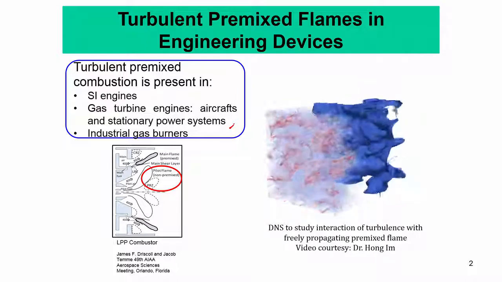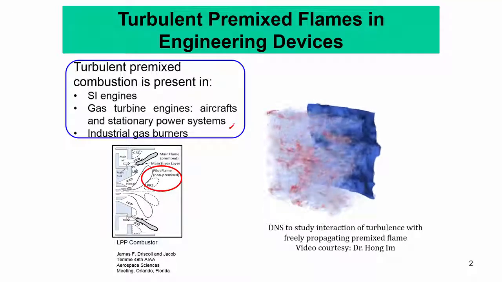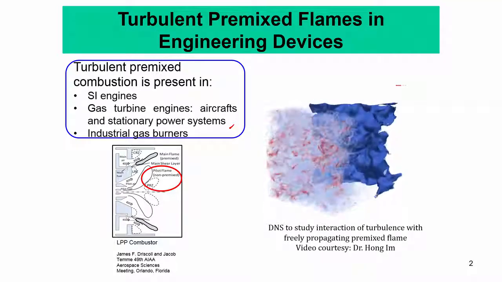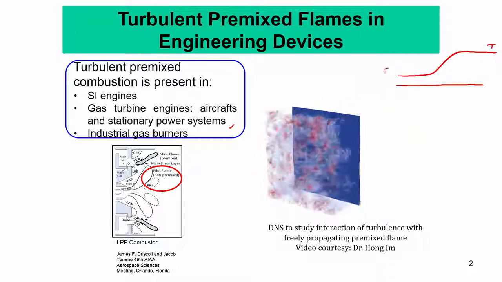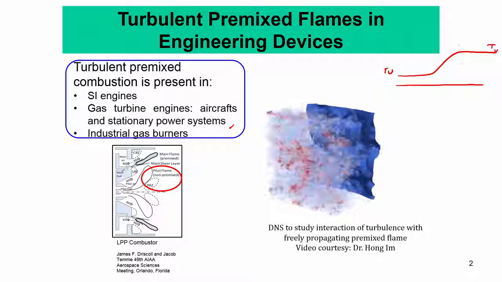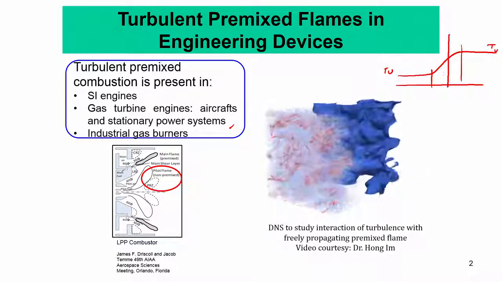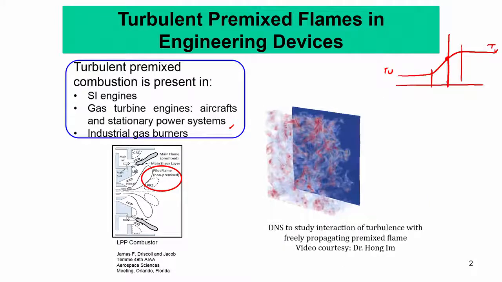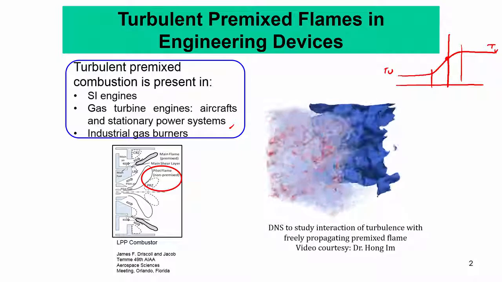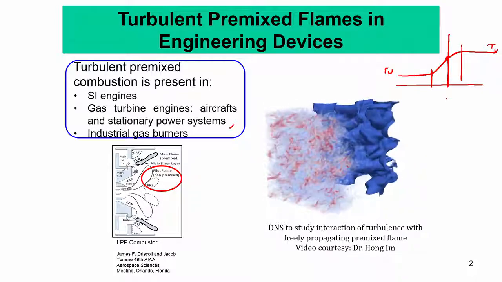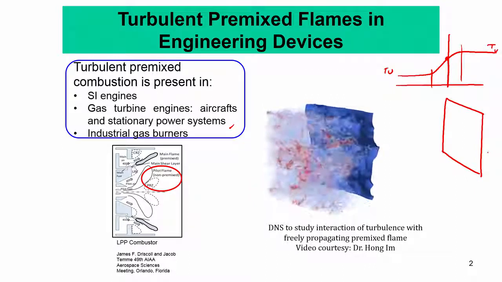It is essentially an isosurface of temperature of about 500 Kelvin, selected from the premix flame. The premix flame has a structure where the temperature increases from the unburned gas temperature to the burnt gas temperature, so you can select one particular temperature inside that, which is 500 Kelvin. When you look at it in 3D, it is essentially a flat surface like this, if it was a planar laminar premix flame.